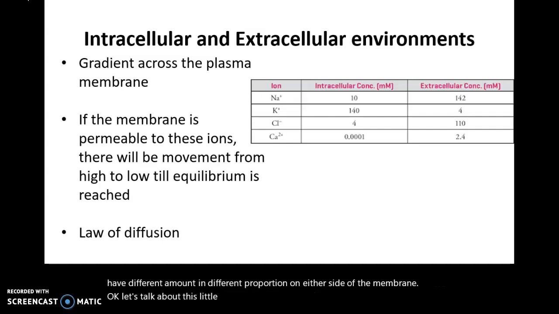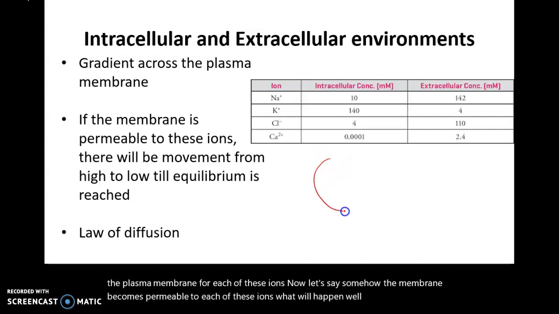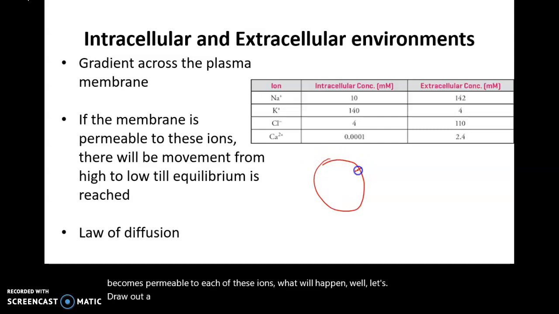Okay, let's talk about this a little more. So obviously there exists a gradient across the plasma membrane for each of these ions. Now let's say somehow the membrane becomes permeable to each of these ions. What will happen? Well, let's draw out a cell and let's draw a channel for sodium. We know we have low sodium inside.